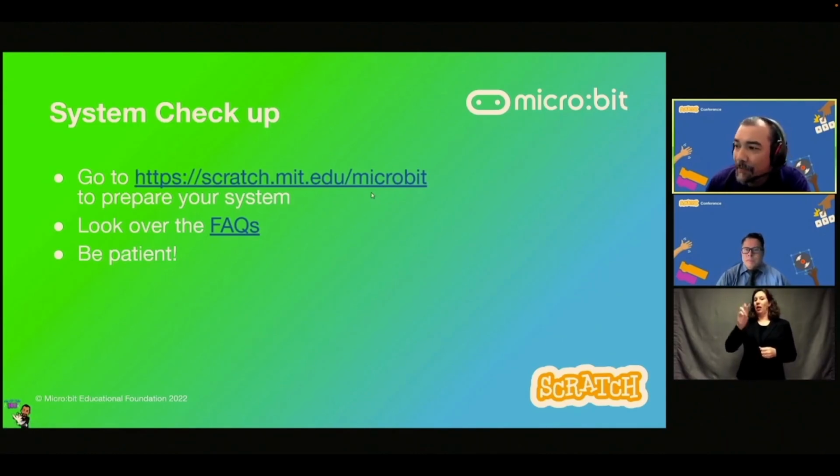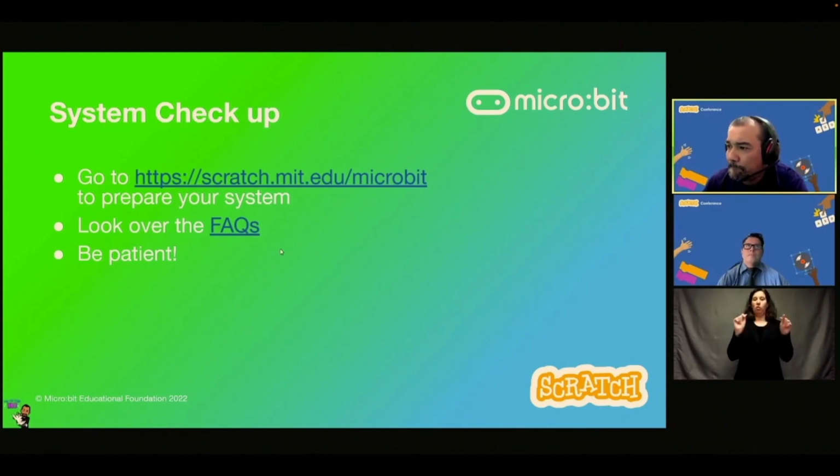So everything we need is already there. And there are only a few steps that we have to do just to run our microbits with Scratch. So actually it's really straightforward. And we prepared the FAQ that you can check later. This slide is going to be available on the swap card. You can review this information.